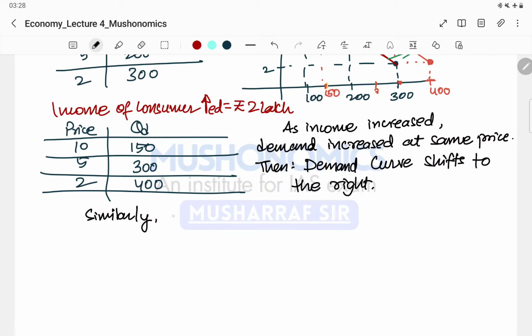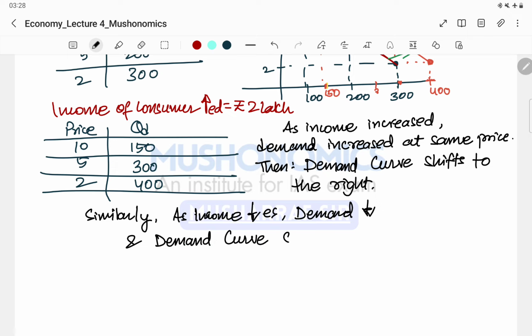So similarly, as income decreases, demand decreases, and the demand curve shifts to the left.